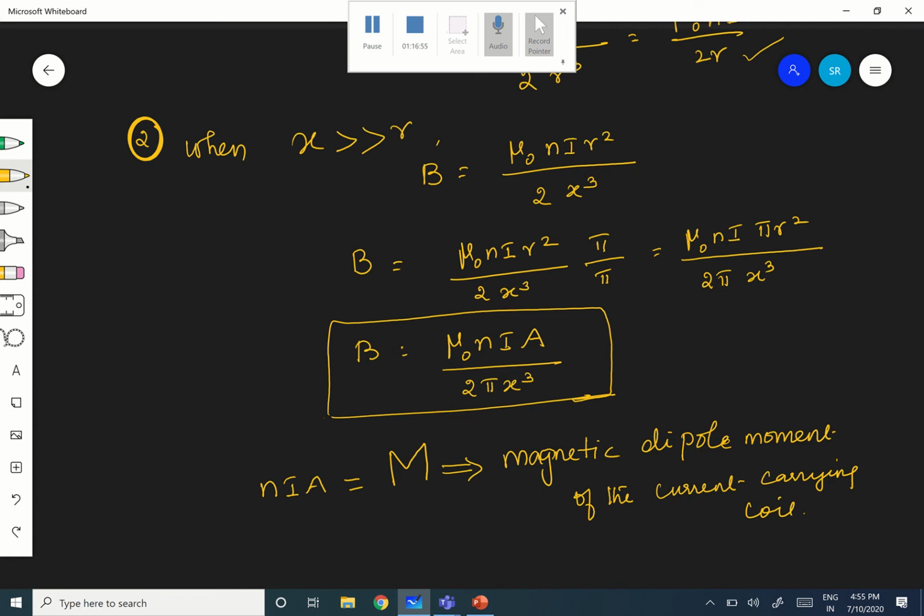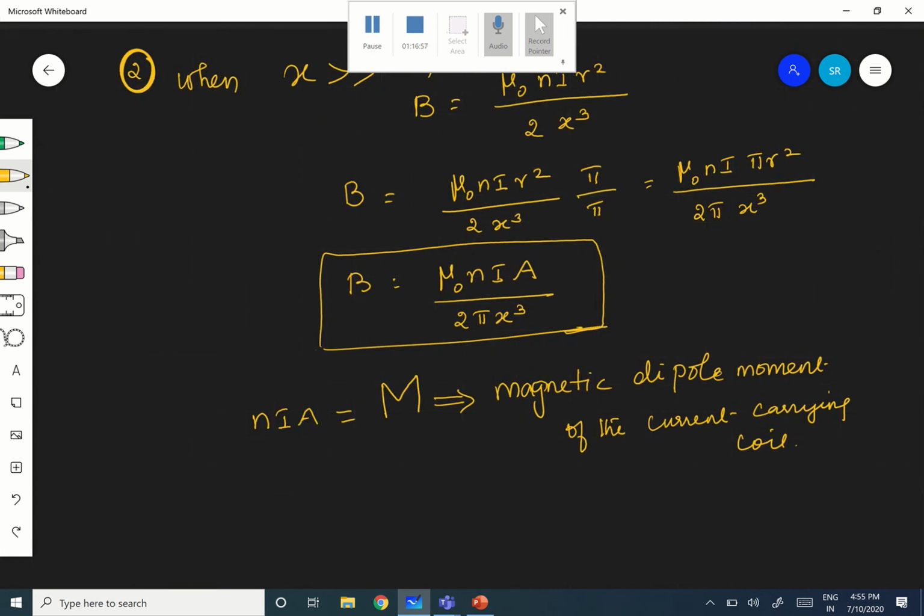Why? See, this is very important. After that I'll explain this. Therefore B, in terms of magnetic moment, is mu naught, N I A is M, divided by 2 pi x cubed.